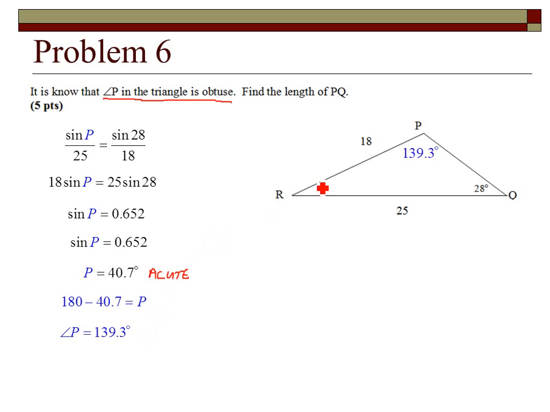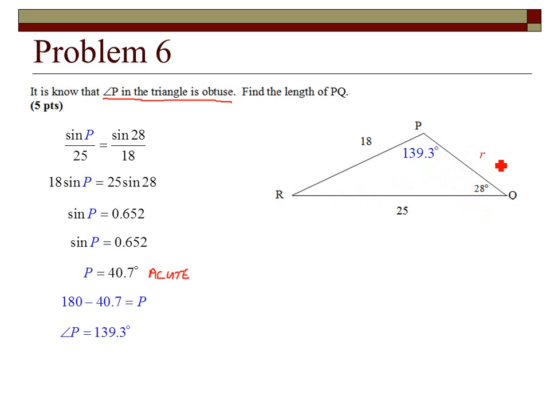Now I can use this to try to see about finding the length of PQ. Well, I'm going to use the law of sines again to find the missing side. And I actually could even use the law of cosines, but it just wouldn't be easy. Right here, the best thing to do, if you got 2 angles in a triangle, find that third one.